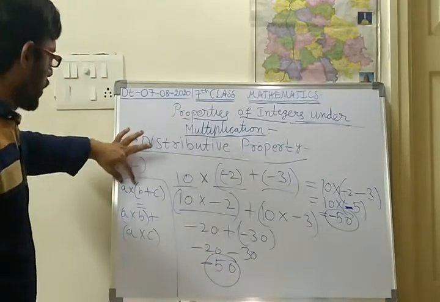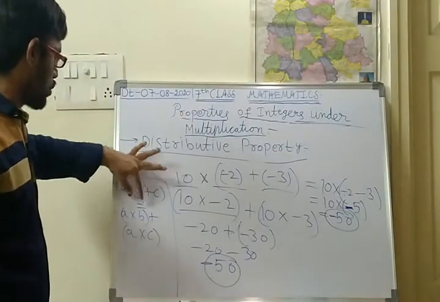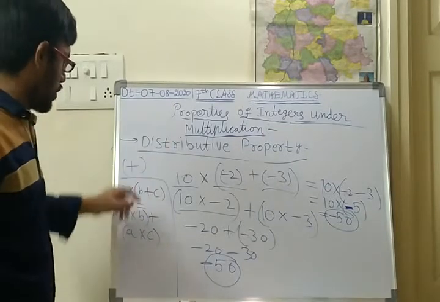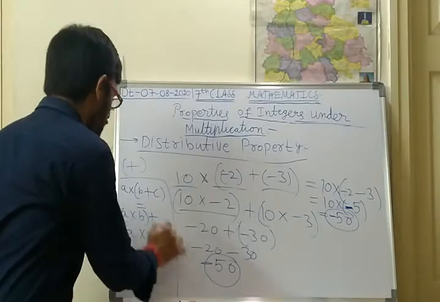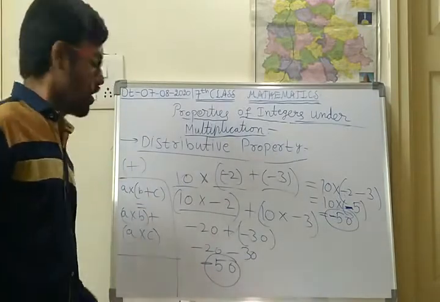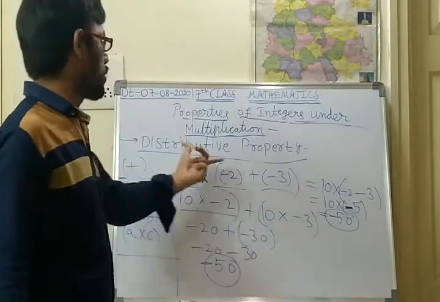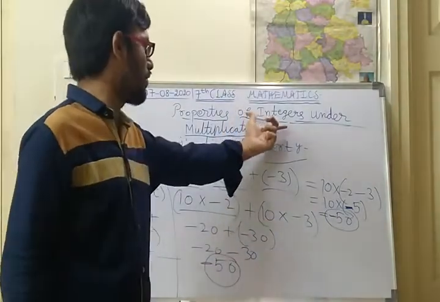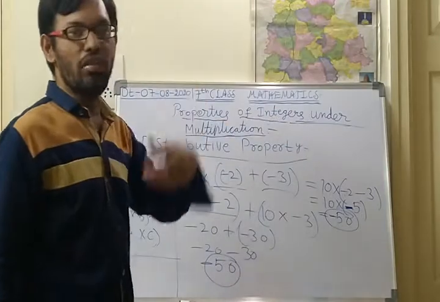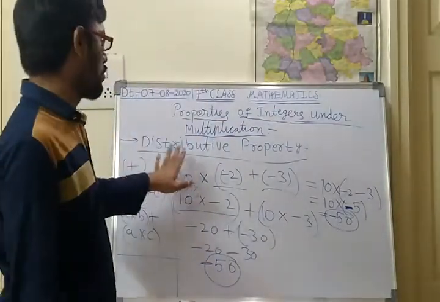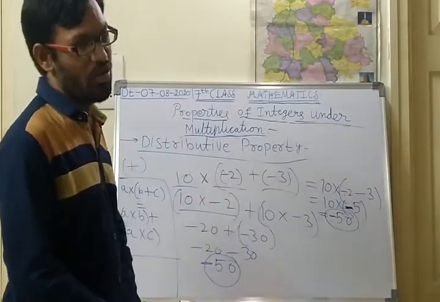Okay, this is the statement of the distributive property. Both the results are same, so the distributive property is satisfied with the multiplication of integers. I hope you have understood this property very easily.